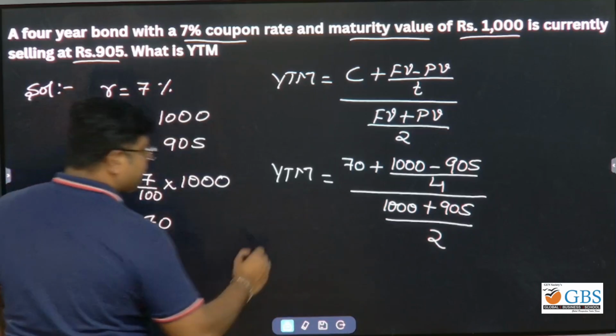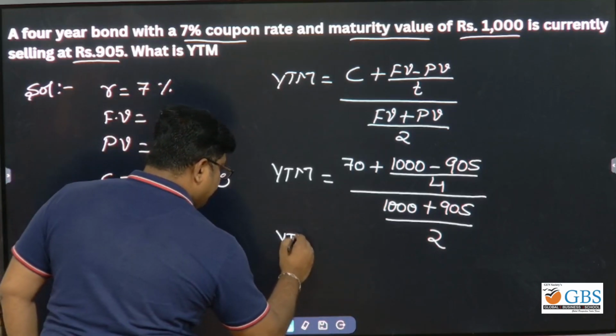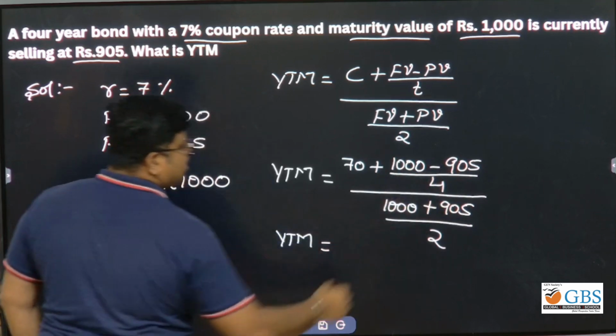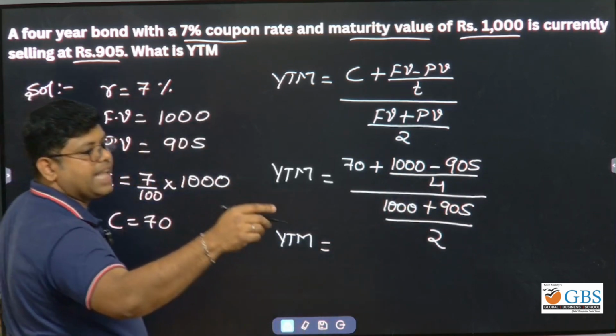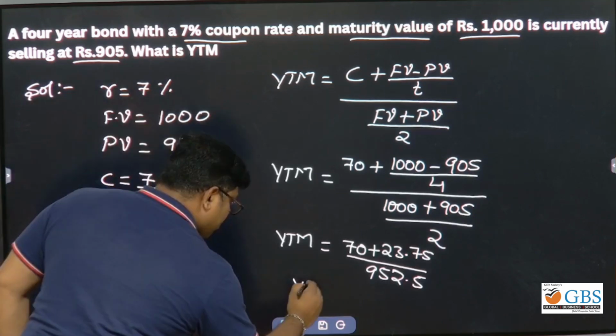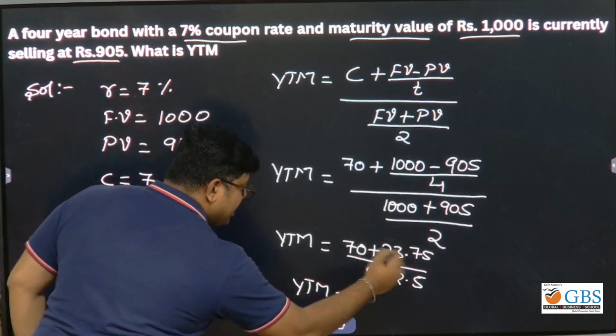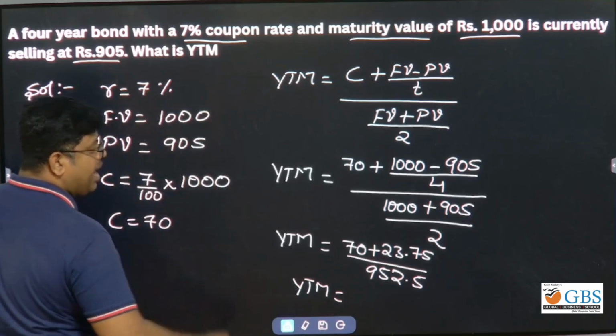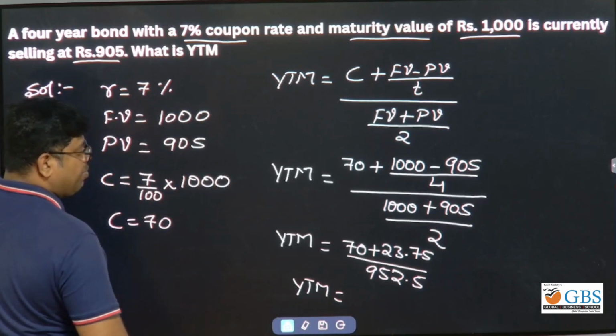Step by step, first you have to solve this part, 1000 minus 905 is 95, divided by 4. Adding these two, we get 93.75 divided by 952.5.